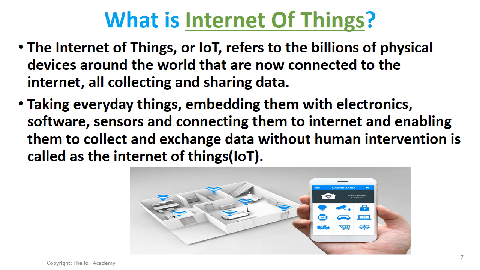Another definition: taking everyday things like our ACs and refrigerators, embedding them with electronics, software and sensors, connecting them to the internet, and enabling them to collect and exchange data without human intervention is called Internet of Things. Like in this picture, we are monitoring the devices on a mobile app. This is a smart home application.